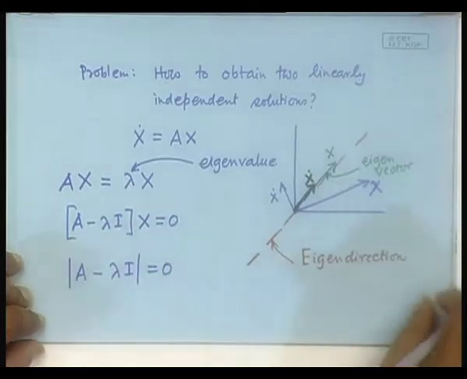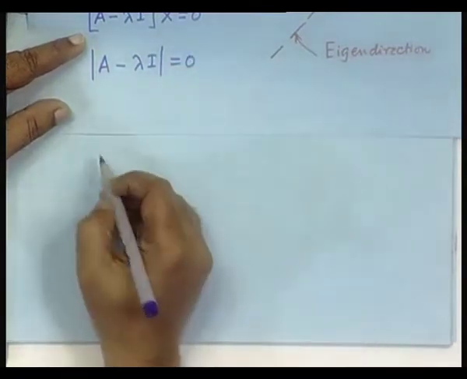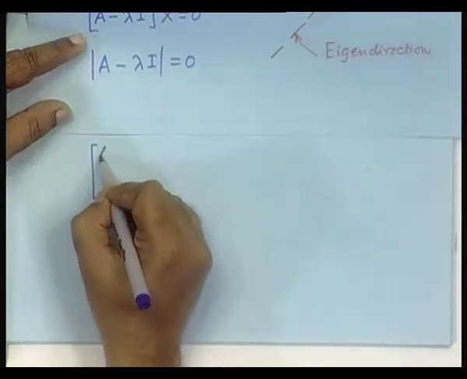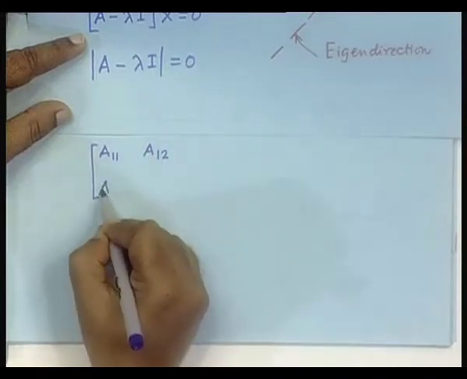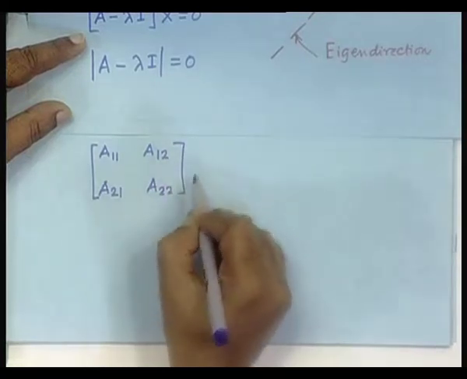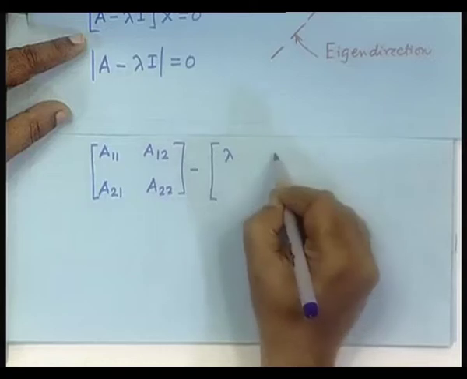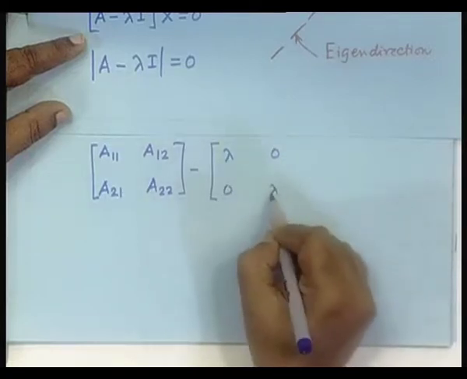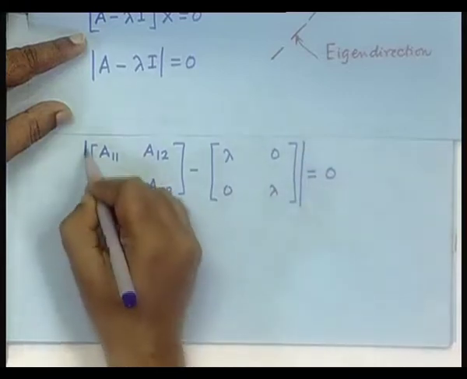Now, this has to be written as A, which is A11, A12, A21, A22, minus lambda I, which is lambda 0 0 lambda, and this determinant equal to 0.